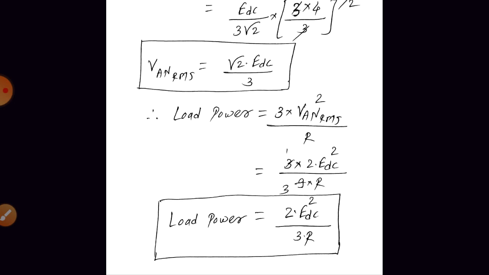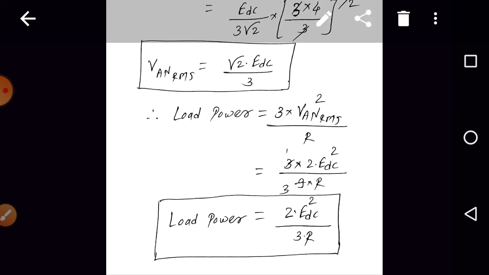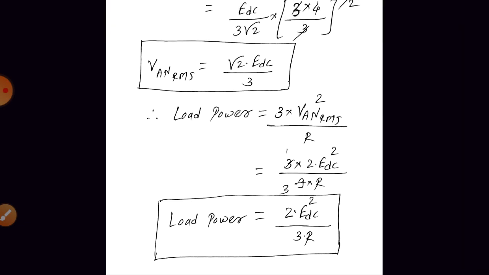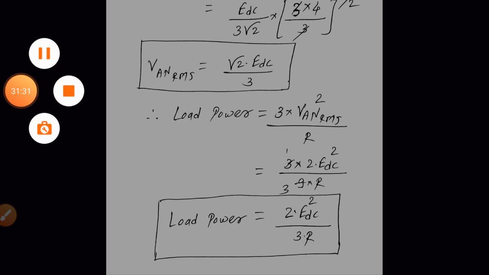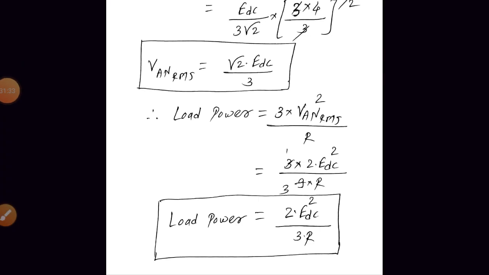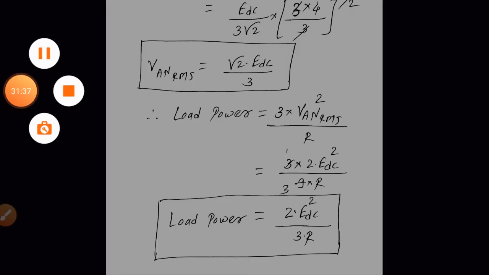So you need to write the circuitry, you need to write the operation table, you need to draw the waveforms, and after that derive the expression of VAN RMS as well as the load power, right? The operation table is very important, and the circuit diagram is also very important. The important thing is the switch numbers in the circuit diagram.